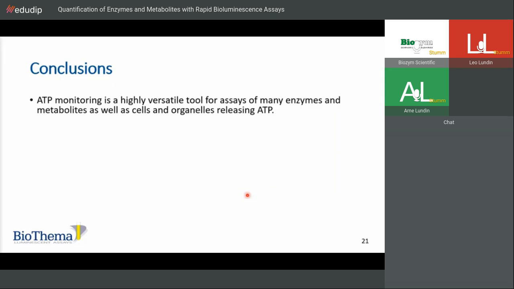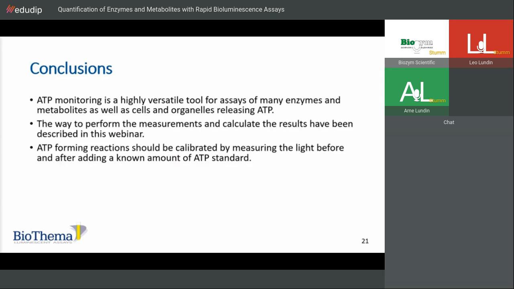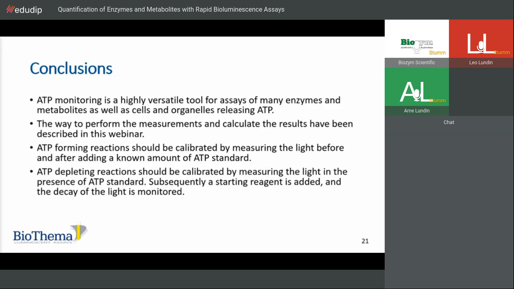Conclusions. ATP monitoring is a highly versatile tool for assays of many enzymes and metabolites, as well as cells and organelles releasing ATP. The way to perform the measurements and calculate the results have been described in this webinar. ATP forming reactions should be calibrated by measuring the light before and after adding a known amount of ATP standard.